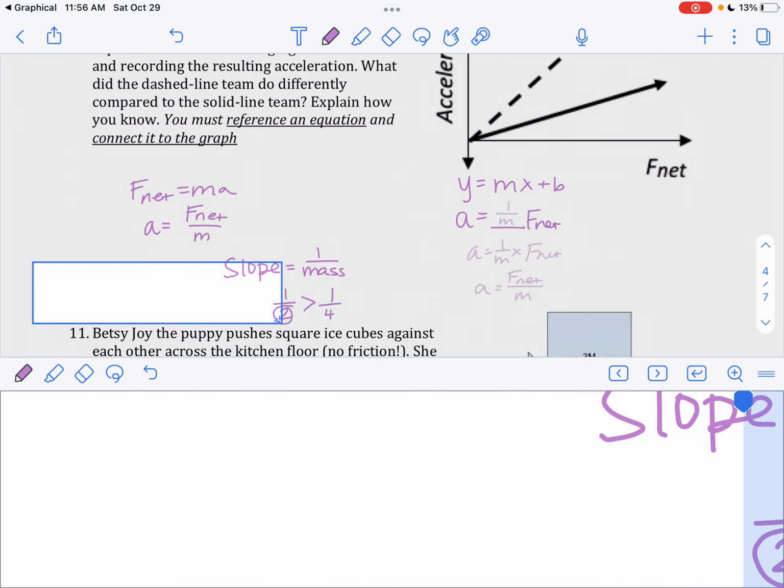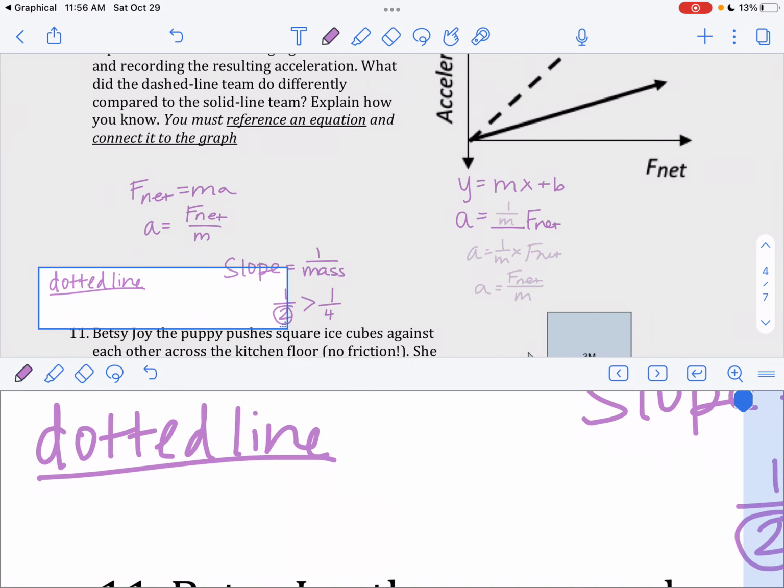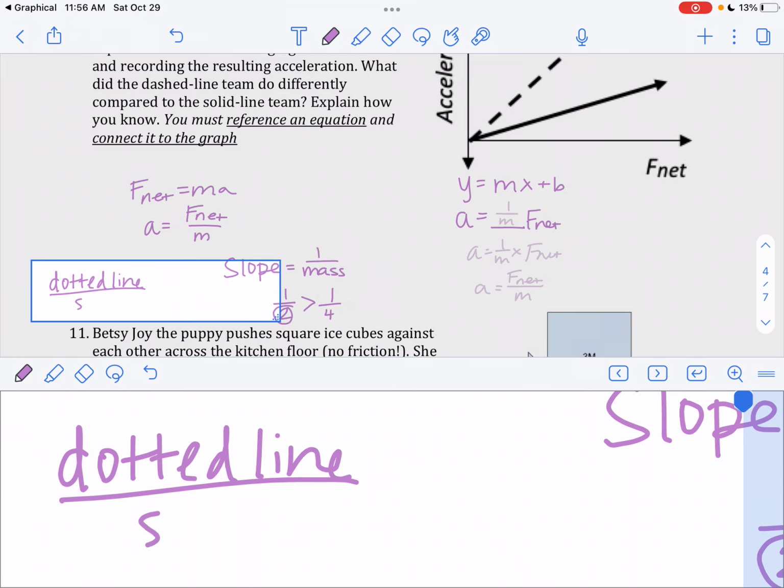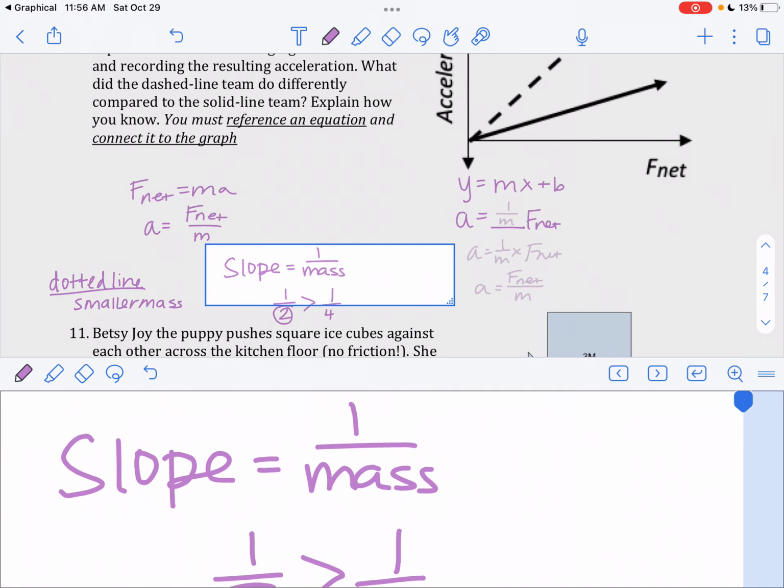So that means the dotted line group must have used, because they have a steeper slope, a smaller mass than the solid line group. And again, that's because the slope is 1 over mass, and we know that 1 over 2 is bigger than 1 over 4. But 4 kilograms is bigger than 2 kilograms. So a bigger mass actually results in a less steep slope.